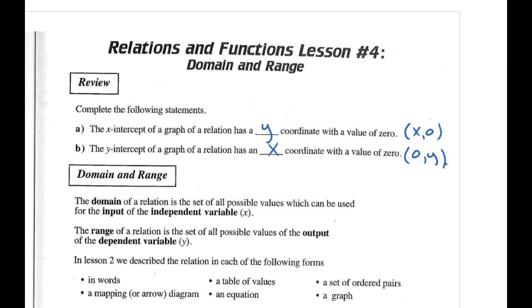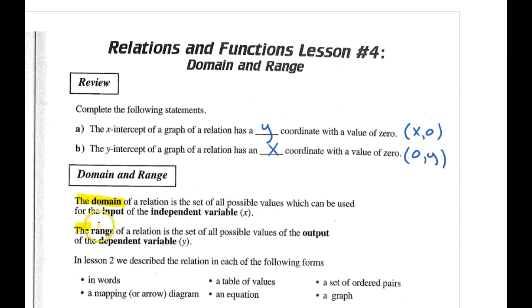Okay. All right, let's look at what domain and range are. Let's read the official definition, and then I'm going to try and give you my interpretation of how I like to look at domain and range. Okay, so the domain of a relation is the set of all possible values which can be used for the input of the independent variable x.